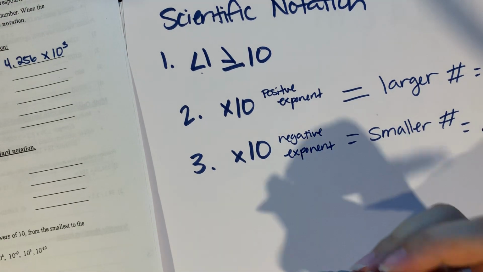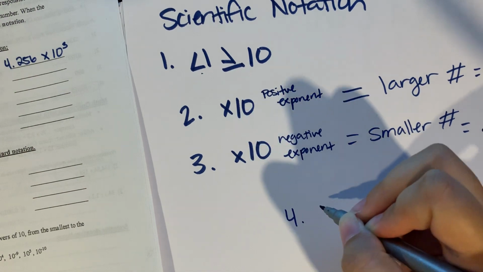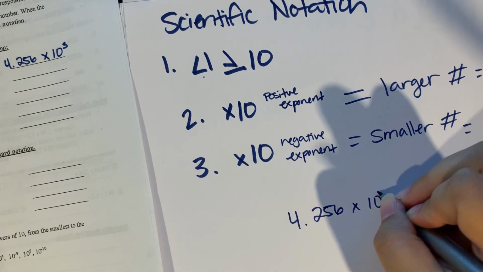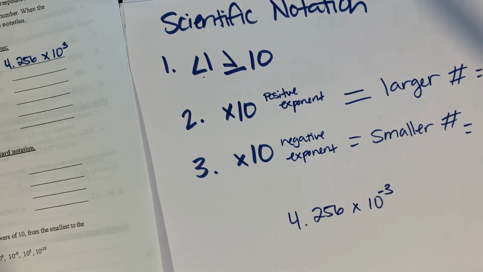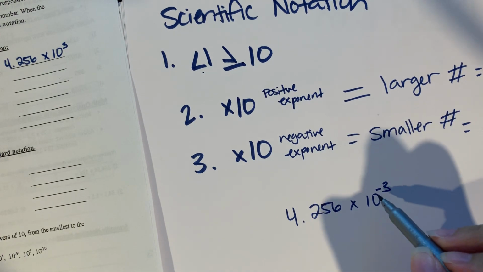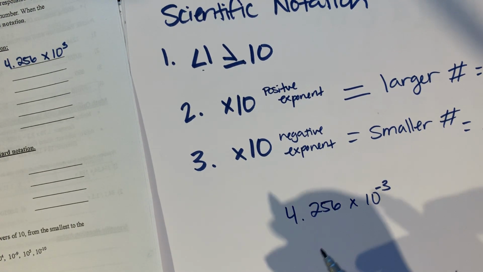Okay? So if I gave you, same thing, 4.256 times 10 to the negative 3, okay? All that tells you is that, oh, it's a negative exponent. That means this number is supposed to be a lot smaller.